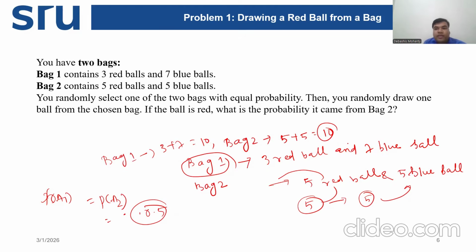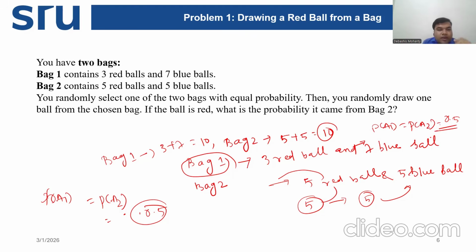So we are choosing a bag with equal probability. So the probability of A1 equals the probability of A2, which is 5 divided by 10, that is 0.5. Understood?